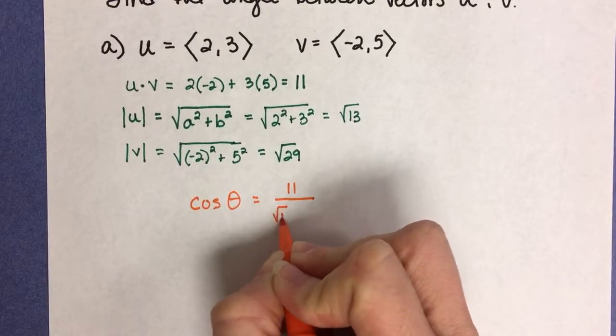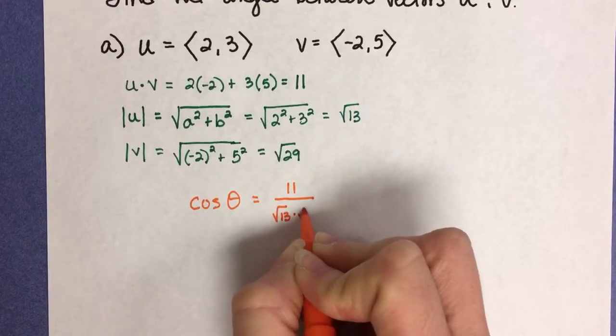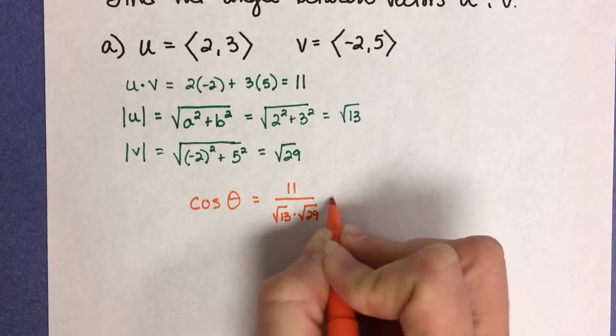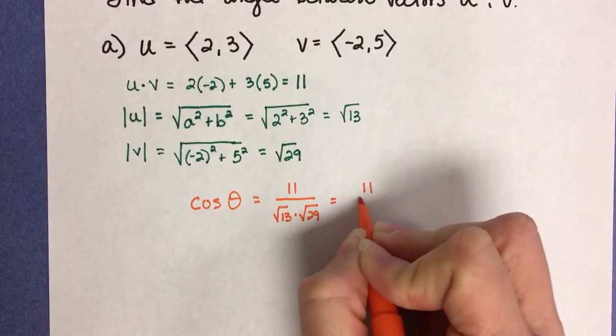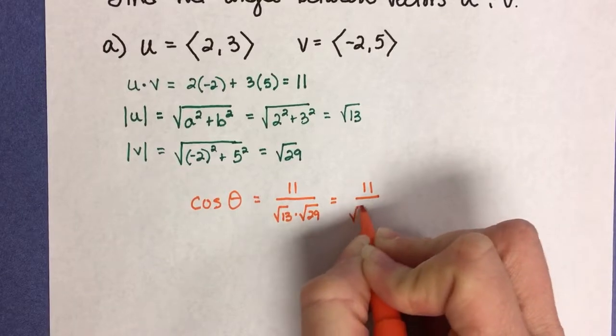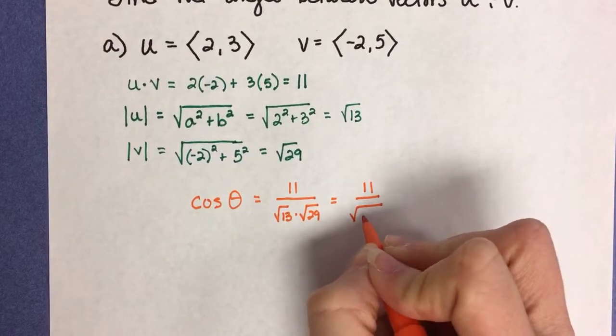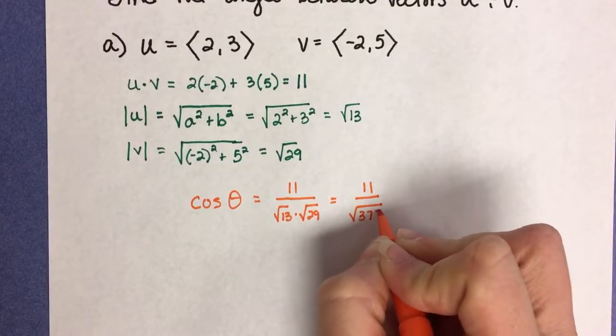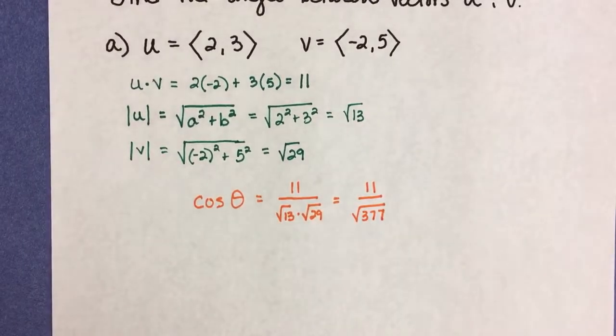So that's going to be square root 13 times square root 29. If you do the 13 times the 29, we'll have 377. Now we're going to end up putting this in our calculator, so you don't have to worry about seeing if you can simplify the square root of 377.